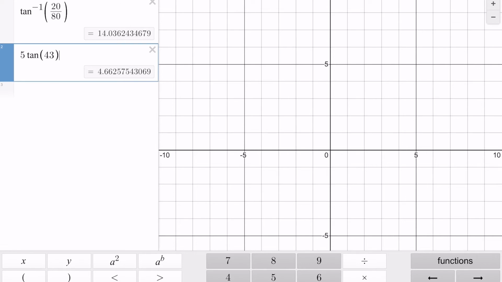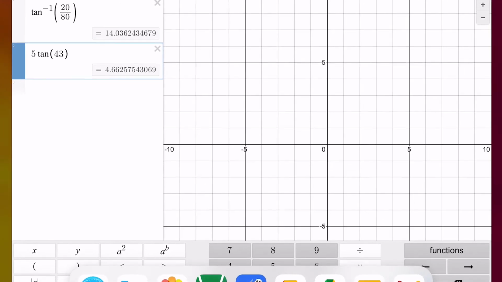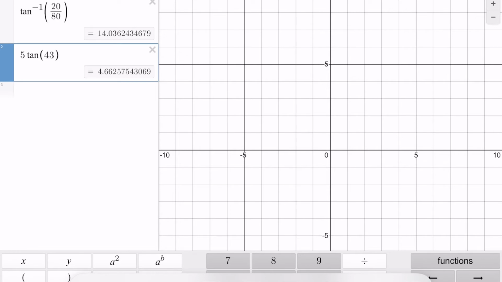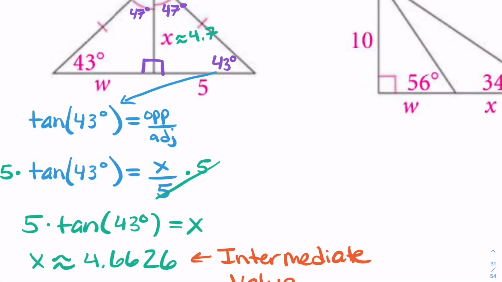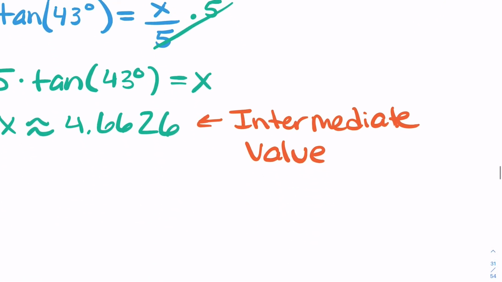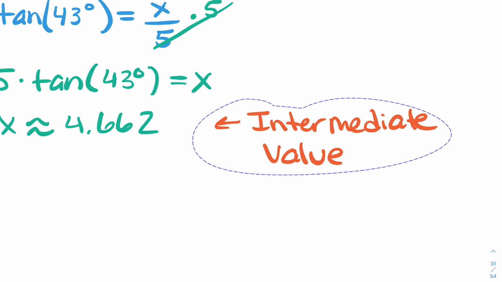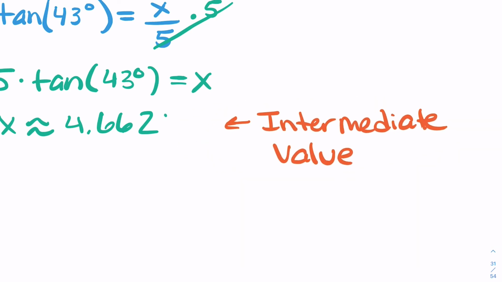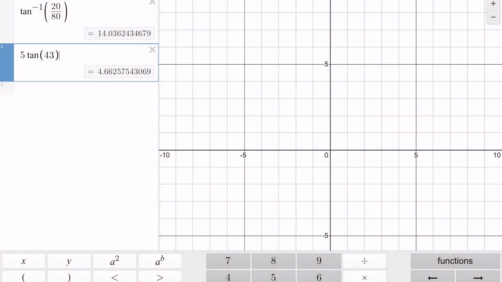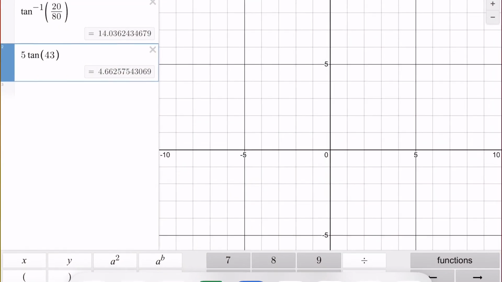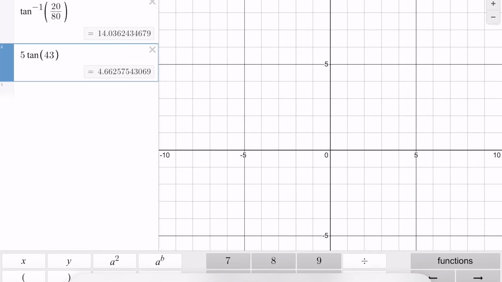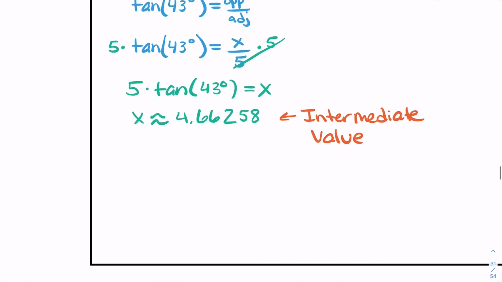I rounded it to 6. Let me do 5.8. Let me go back and just make this a 5.8. Okay, 66258, 66258. I'm carrying a lot of decimals with me there. So that's my intermediate value.